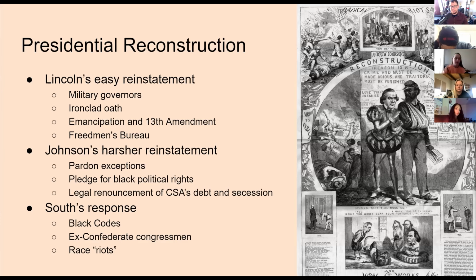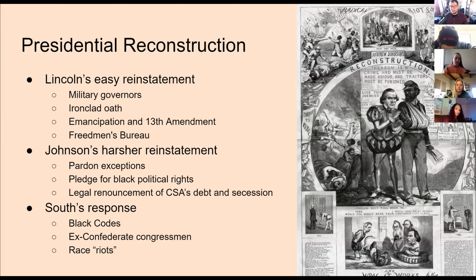Part of this was for their local legislatures to actually pass legislation denouncing secession and also renouncing the debt from the war, so that no one could collect the debt from the secession. And for a final bit of that, the final thing that these legislatures had to pledge by act, that they had to actually vote for, was to pledge that black people would be given the same political rights as white people.